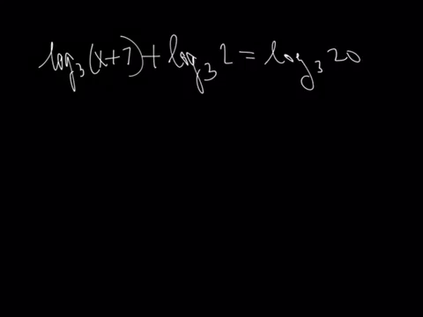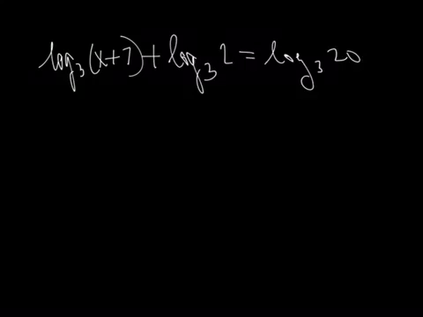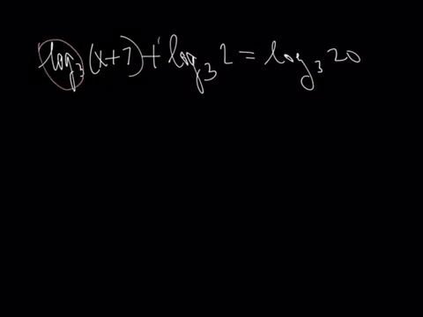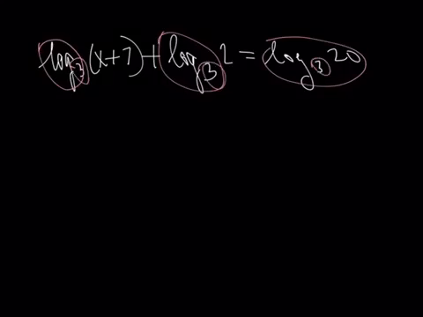All right, so key thing when it comes to this, you're going to look and see that all three expressions have logarithms. Then you're going to look at the base, and the bases are all the same. So since all of that is true, we're going to write this as x plus 7 times 2 equals 20, and do the math to find the x.